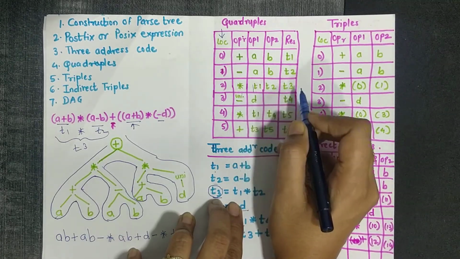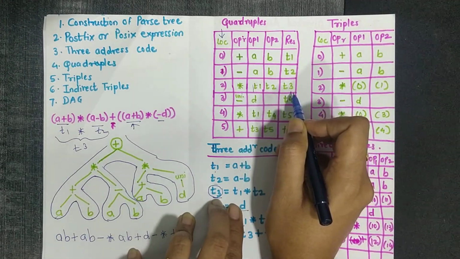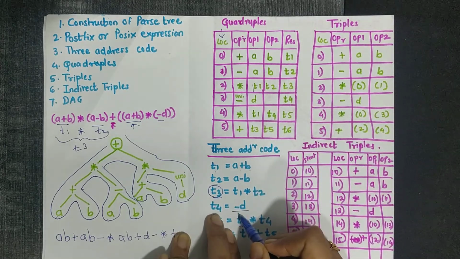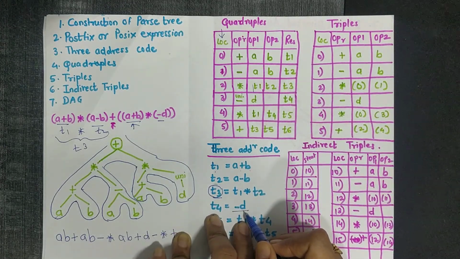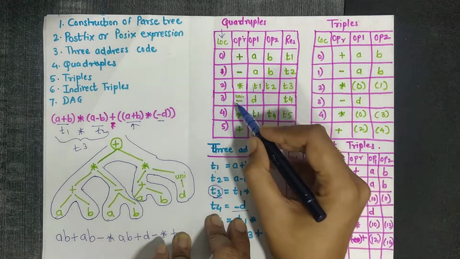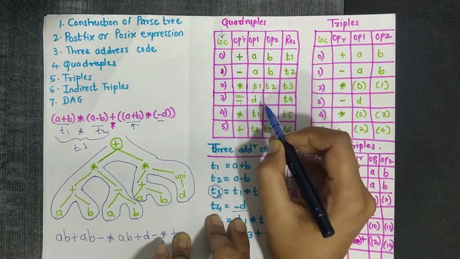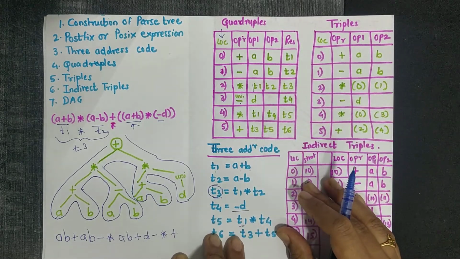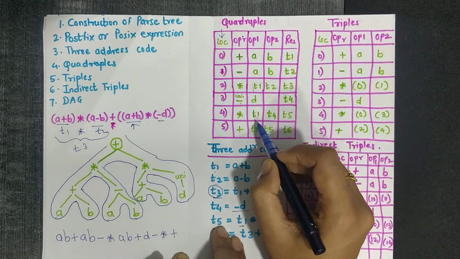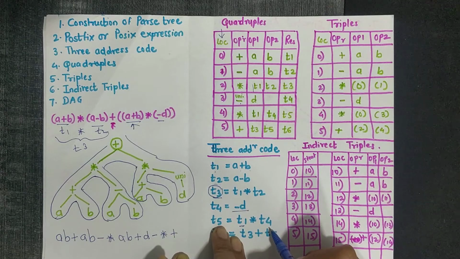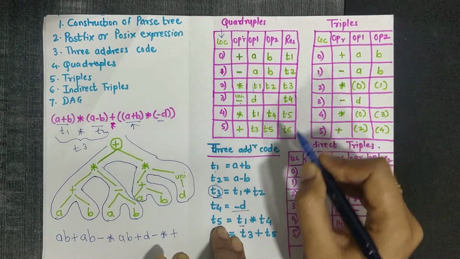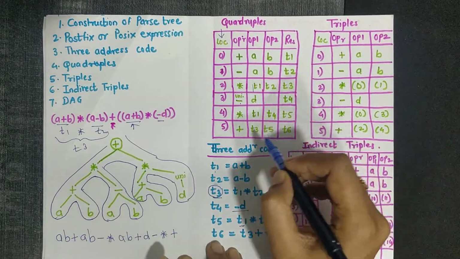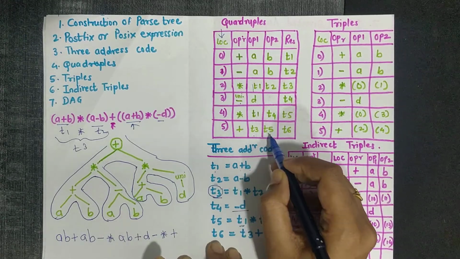Multiplication, T1 and T2 are the operands and T3 is the result. T4 has only one variable with the unary operator. So you have to write unary minus and D, and T4 is the result. T5 is nothing but the multiplication of T1 and T4, so that will be reflected. And the last one, T6, is nothing but the addition of T3 and T5.